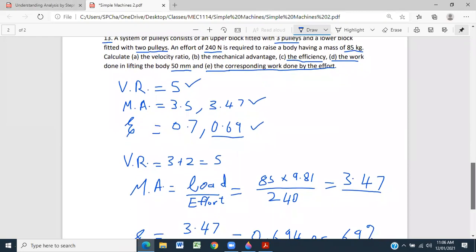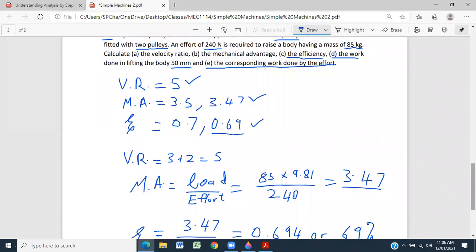Okay, well, it's because we don't really know the distance traveled by the effort. What's the distance traveled by the effort? Because if we're going to just use 240 newtons, we're going to need to know the distance traveled by the effort, right? So what is it?